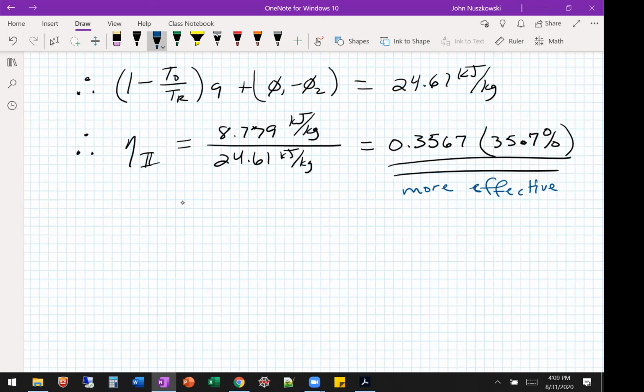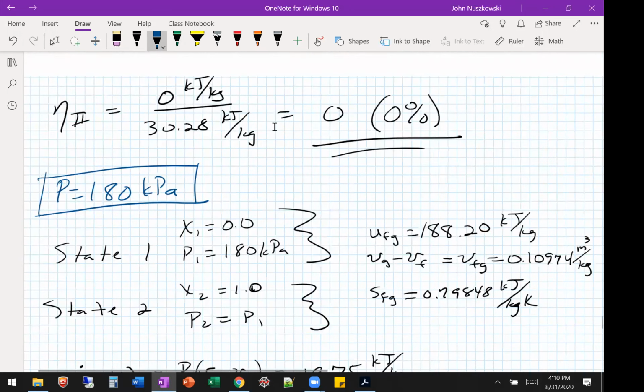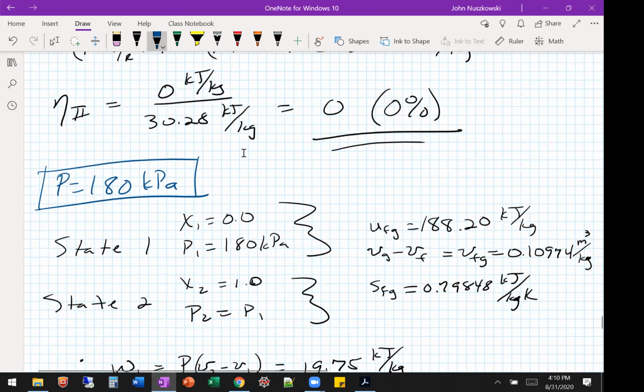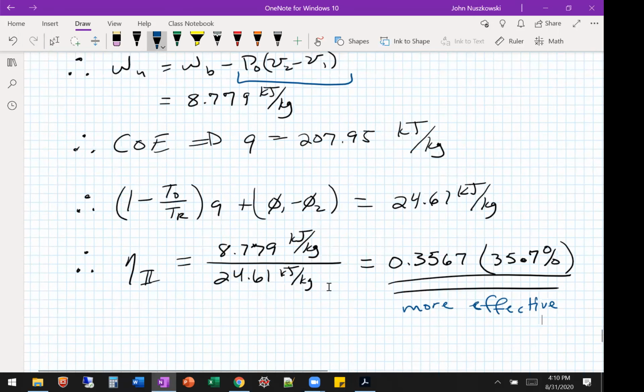But it's not always that easy, because having zero and then a positive number made it easier. You can see the work expended changes, because we had 30.28 here, and then we had 24.61 here. So there's also the role of the expended changing too. So you got to be careful. Some of them, it might not be so easy to see which one's better than looking at the second law.